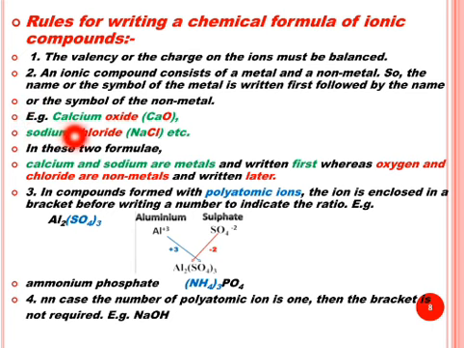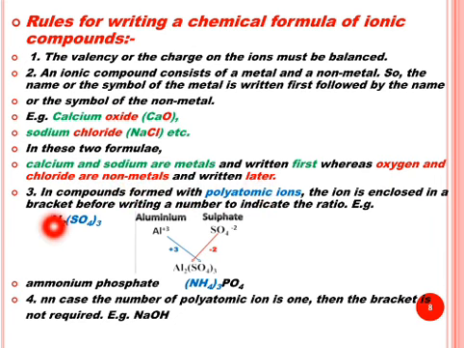For example, calcium oxide CaO, sodium chloride NaCl. In these two formulae, calcium and sodium are metals and written first, whereas oxygen and chloride or chlorine atom are non-metals, so they are written later.